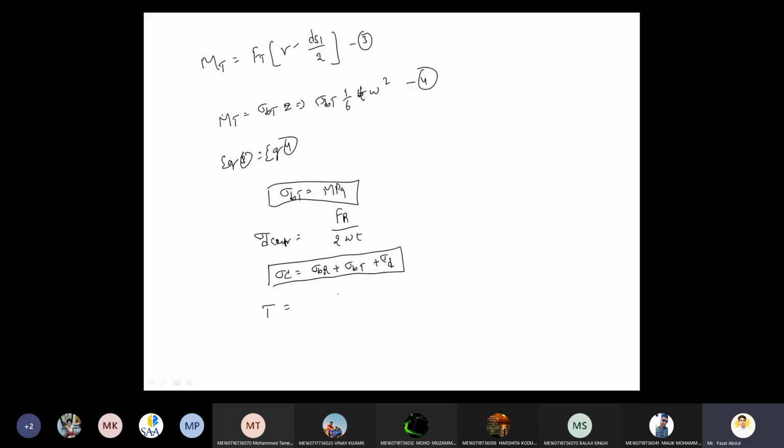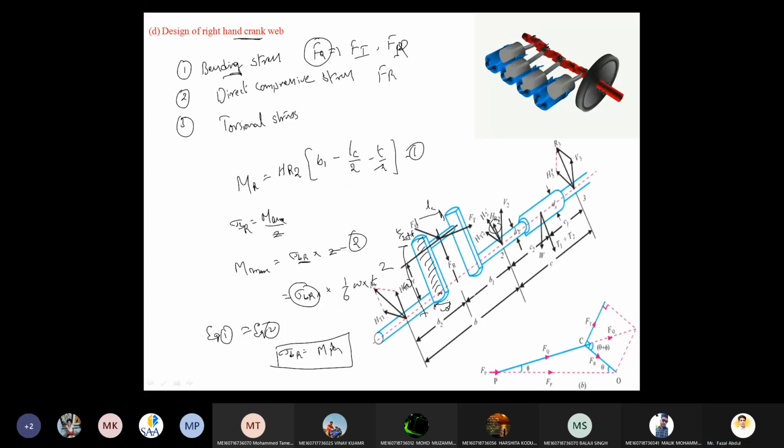So calculating the torque: T equals HT1 into (b2 plus lc by 2) minus FT into lc by 2. Simplifying this one, HT2 times b1 minus lc by 2. So the twisting moment I'm taking from this figure: HT1 into the perpendicular distance b2 plus lc by 2, where lc is the length of the crank pin.